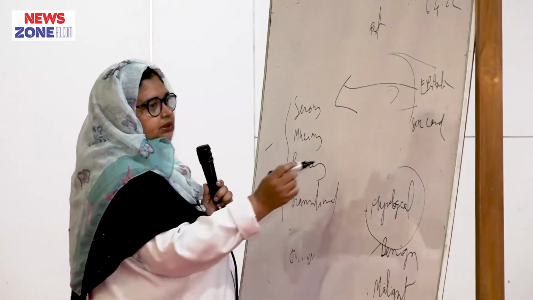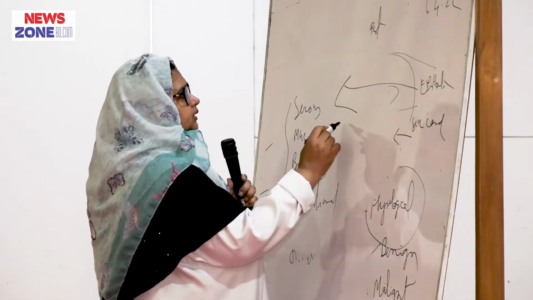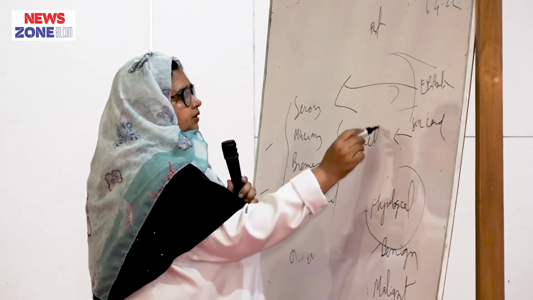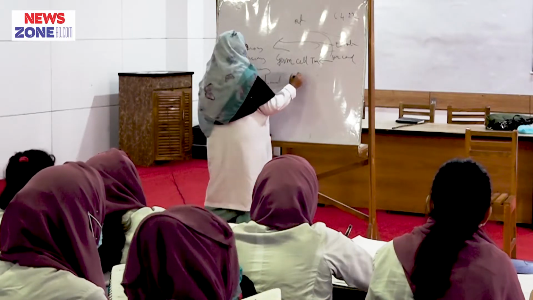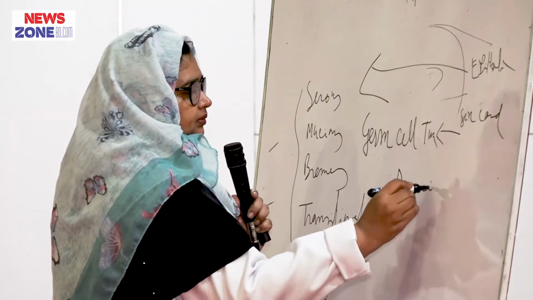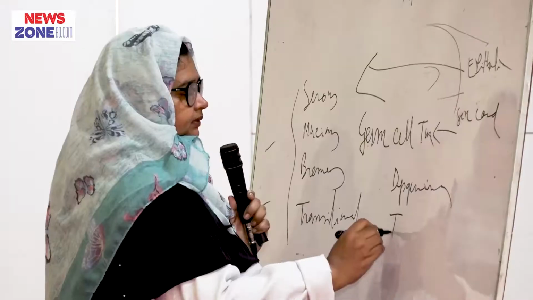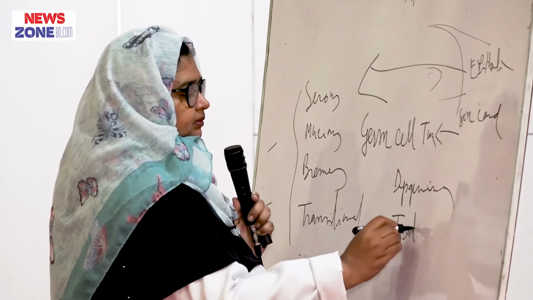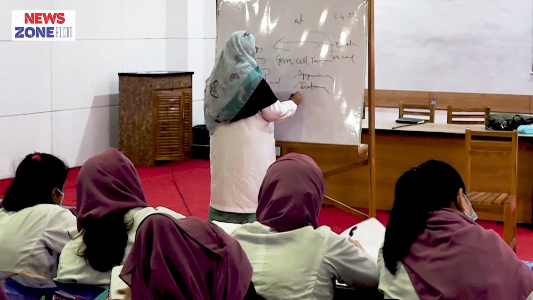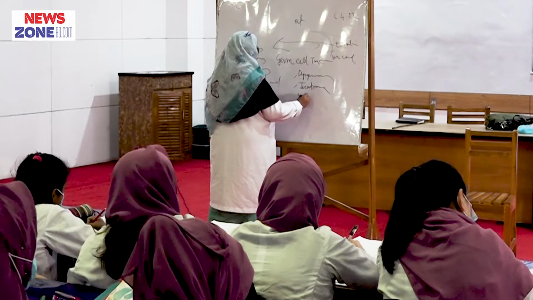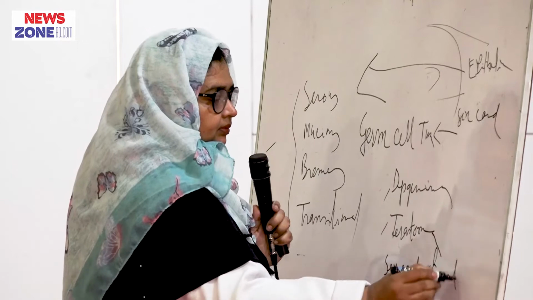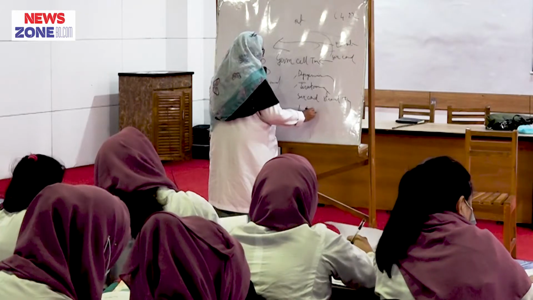Another most important group is from the sex cord, that is, the germ cell tumor. This is more common. Germ cell tumors include dysgerminoma, teratoma; and the sex cord stromal tumors include arrhenoblastoma.